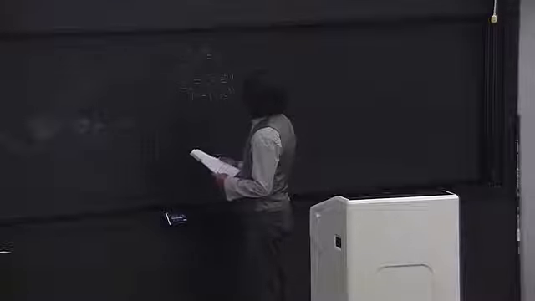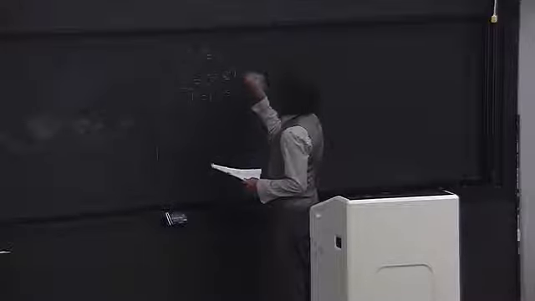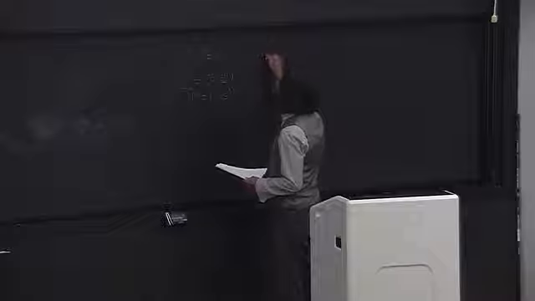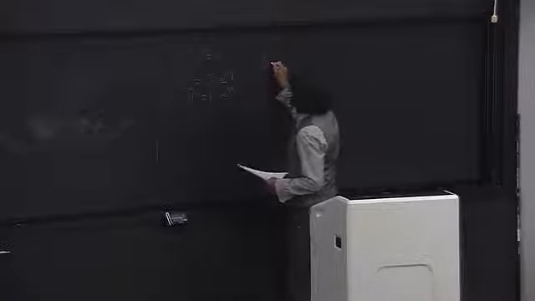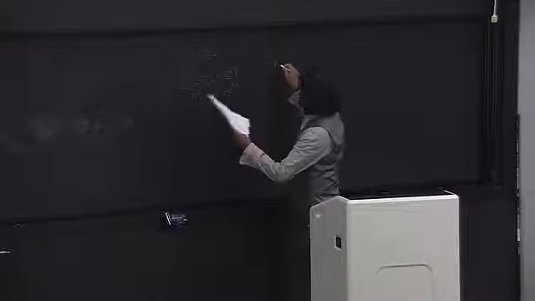And we can choose these, E1, E2, in such a way that we have E_i dotted with the 3-dimensional part of the momentum vector to be 0.